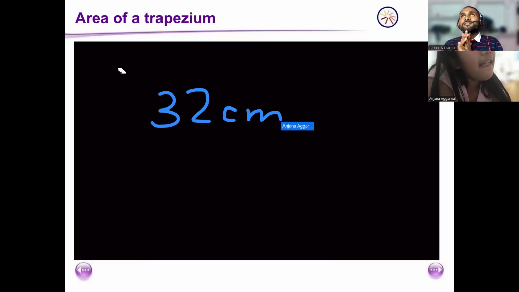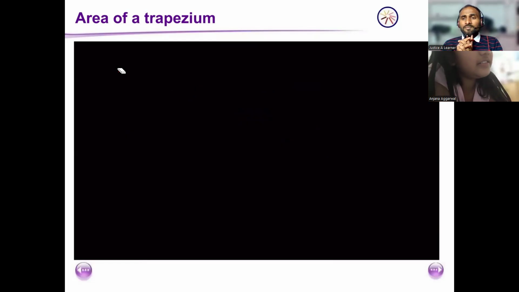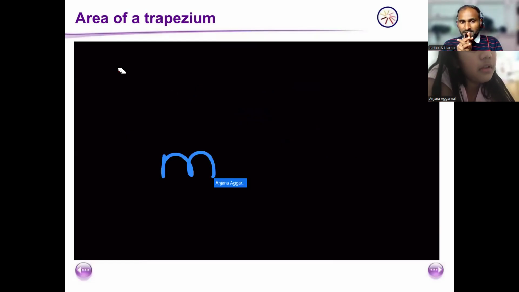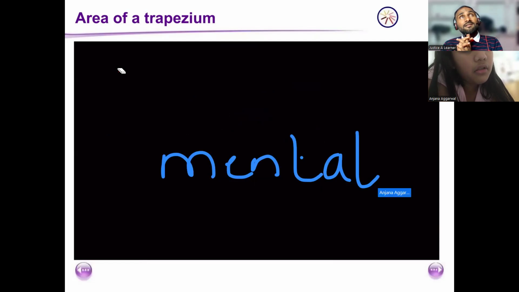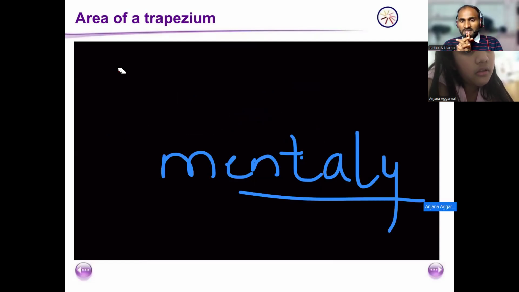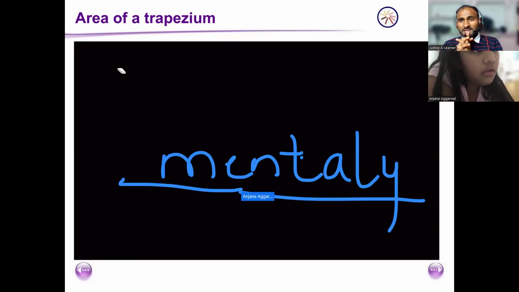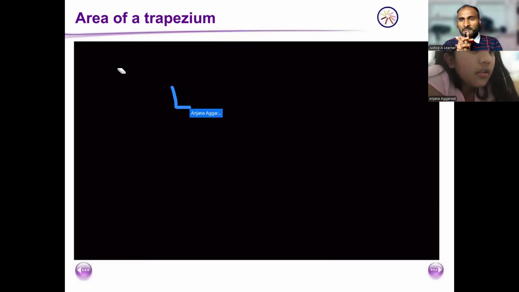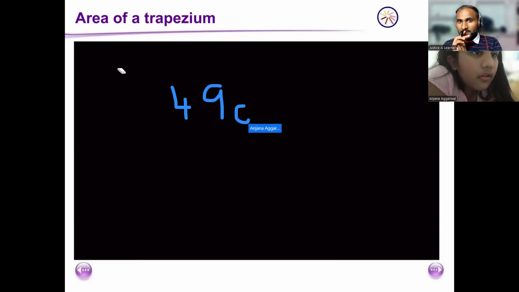Okay, one more question. There is a square having each side 7. Mentally, what is the area? Area of a square having each side of 7 meter.